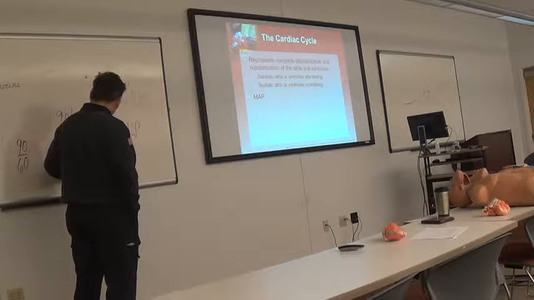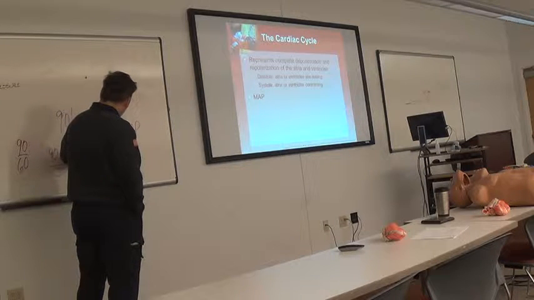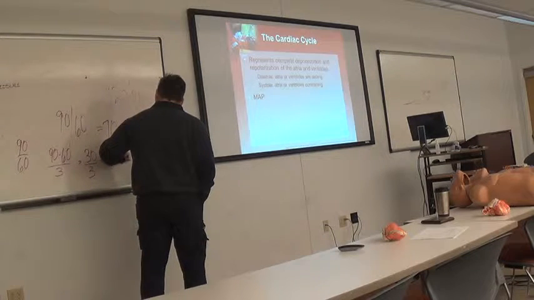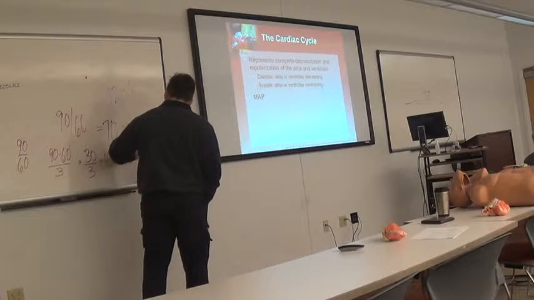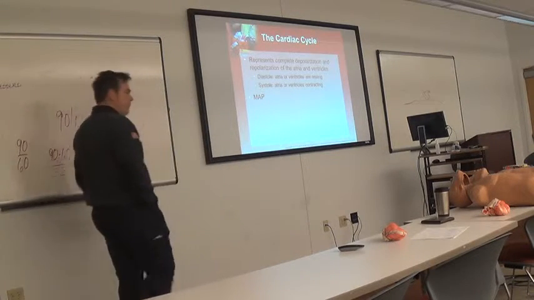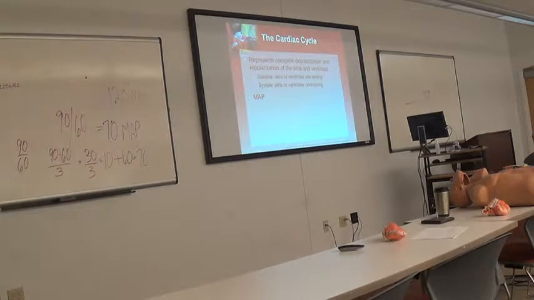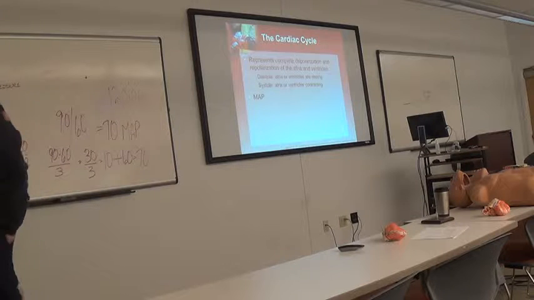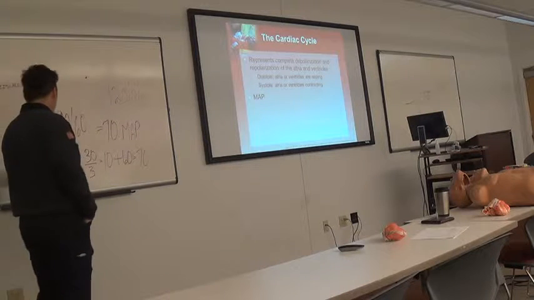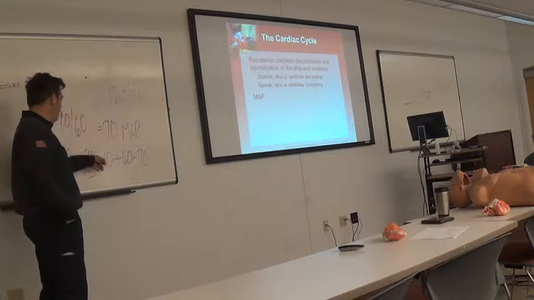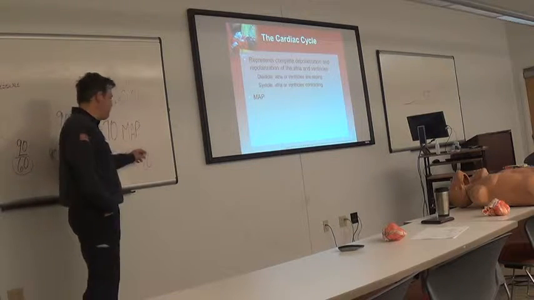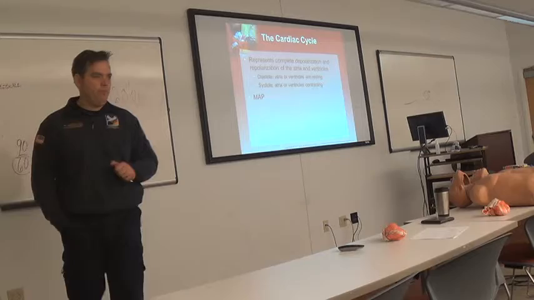Divided by 3 equals what? 10. And then I add back in my diastolic pressure. Don't rack your brain with that, okay? But that's how I get that. Systolic minus diastolic divided by 3 equals 10, and then I add back in my bottom number, and that gives me my mean arterial pressure of 70.